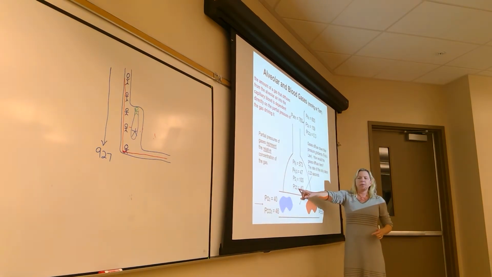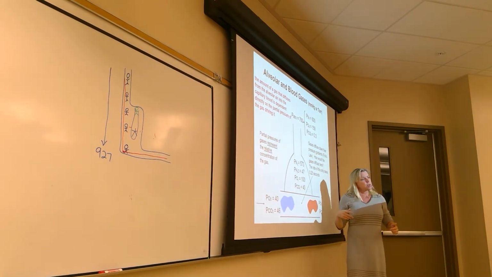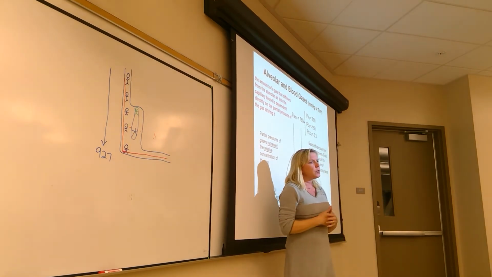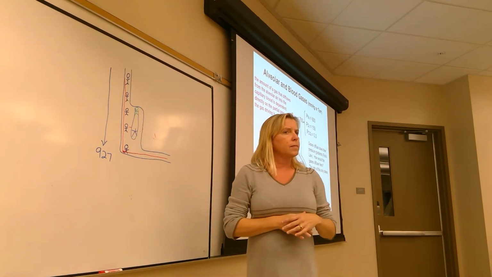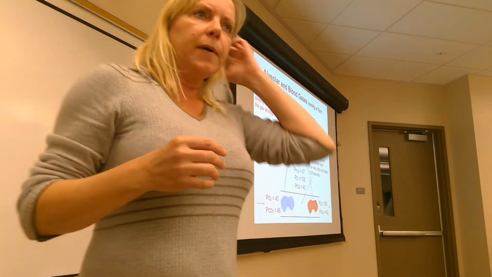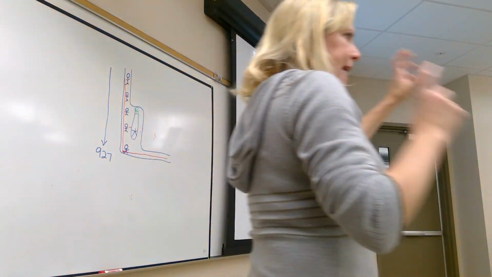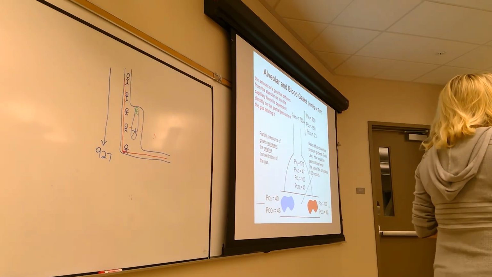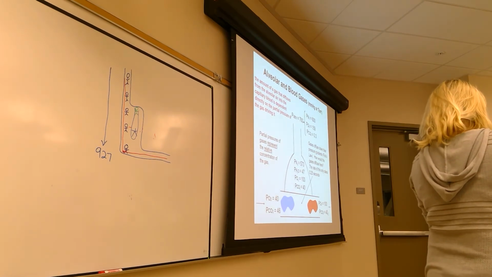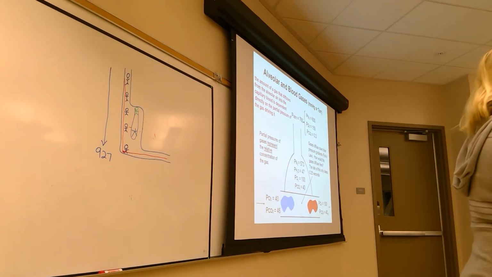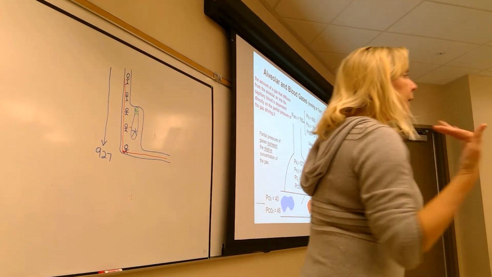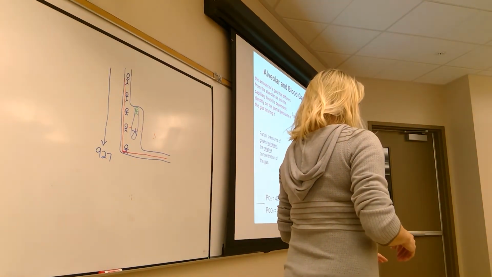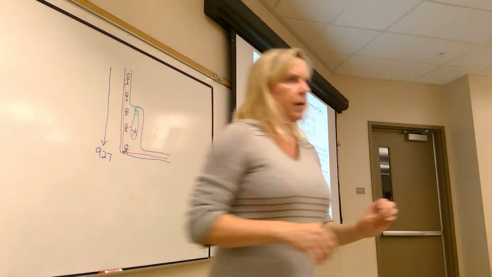CO2 will go out of the blood and into the alveolus, and it will continue to do that until the pressure is the same as the CO2 pressure in the alveolus. So the gases reach equilibrium. It does not mean that we have equal amounts of the gases in the two phases. It simply means their pressures have reached equilibrium. Gases go from high pressure to low. So if there is no gradient, you're not going to get more movement between the two phases. Are you okay with that? Okay.